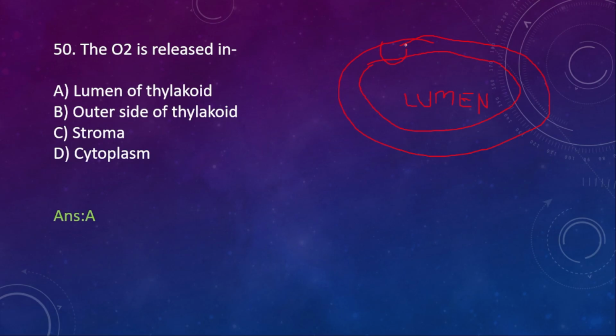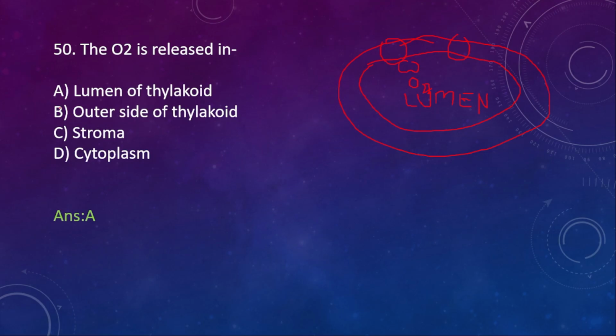Somewhat imagine here is PS2 and then PS1 is here. PS2 always has the complex of water splitting. So after the splitting of water, what happens? Whatever oxygen is there, that oxygen is released where? In the lumen itself.